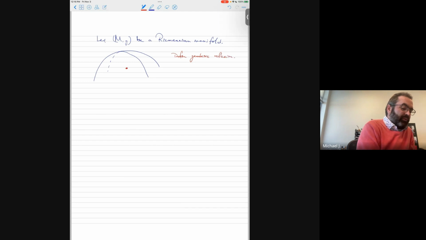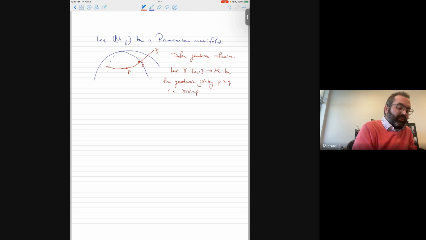So I take a point P, and some other point Q, and I look at the geodesic. So let gamma from 0 to 1 into M be the geodesic joining P and Q. So I'm setting this up so that at time 0 I'm at P, and at time 1 I'm at Q.